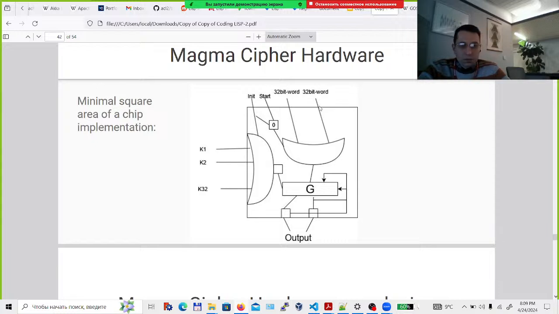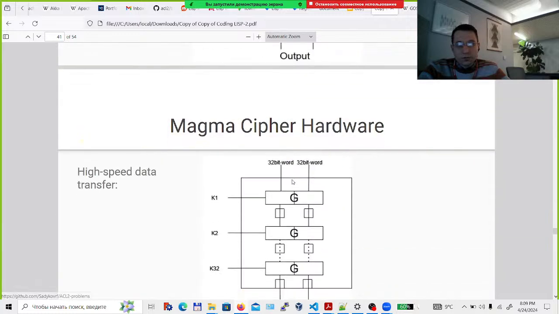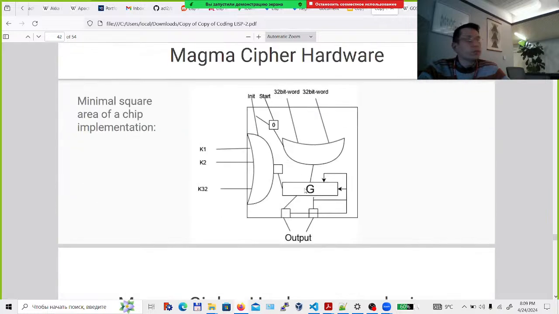The idea is the following. Instead of just copying this G-transform function, we implement only one G-transform function and a universal bond. This is a mux operator, this is another mux operator for the keys. Each time we have to initiate which key goes into this calculation.